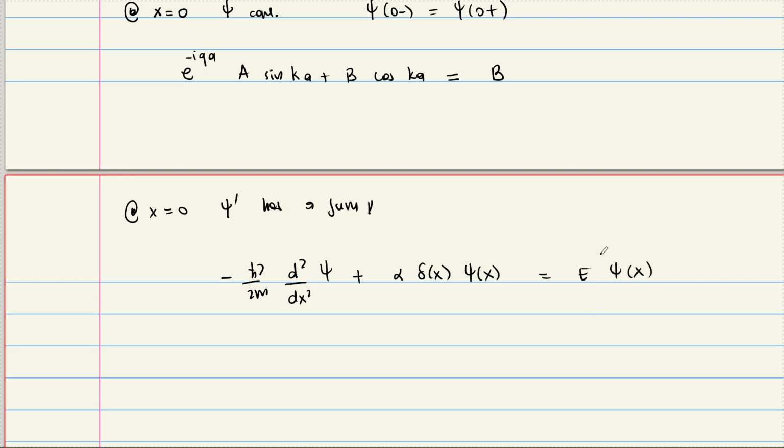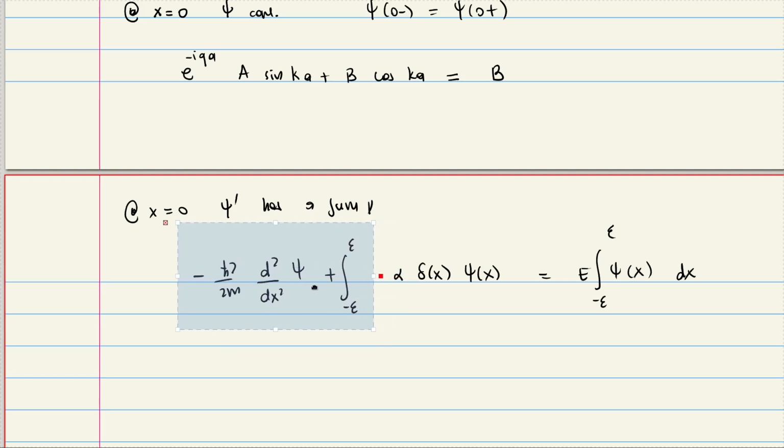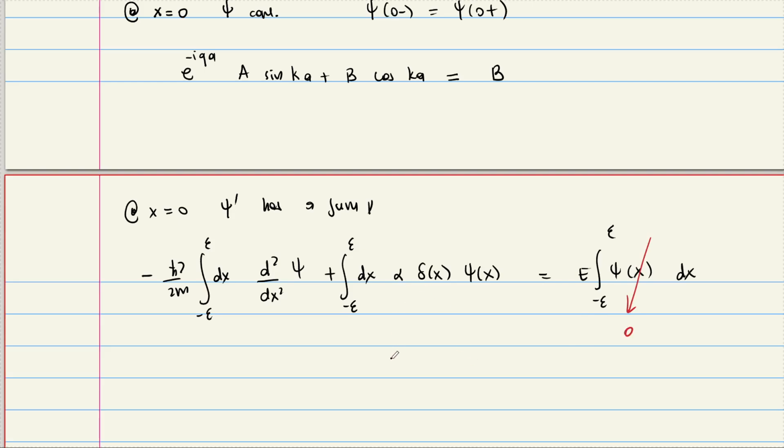And now let's integrate, from minus epsilon to epsilon dx, here and also here. So this one is going to give 0 because psi is continuous. And this one is going to give me alpha times psi of 0.